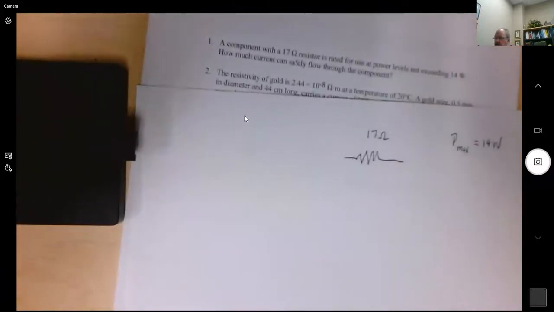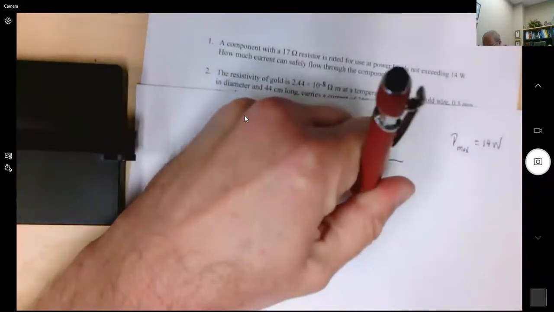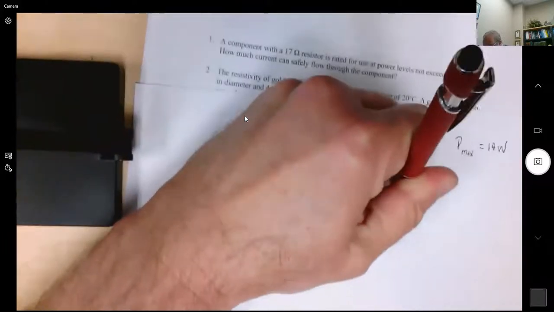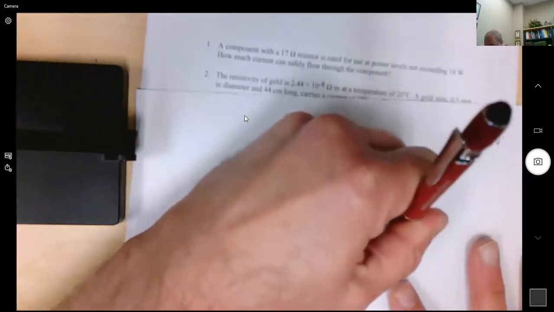Okay, so we know that power for the resistor is equal to I squared times resistance. So I is just going to equal power divided by resistance, take the square root of it.